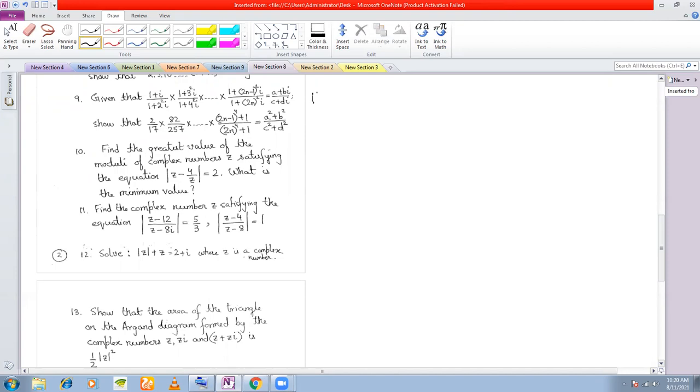Okay, number 11. The problem here is find the complex number satisfying the equation mod (z minus 12) by mod (z minus 8i), and you have another one. Two relations are given here.